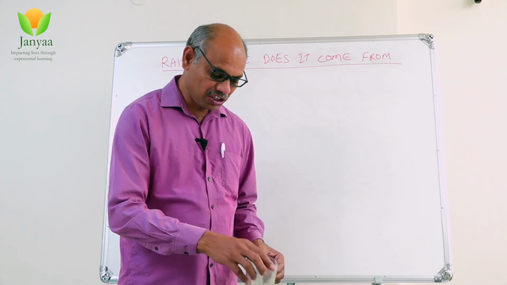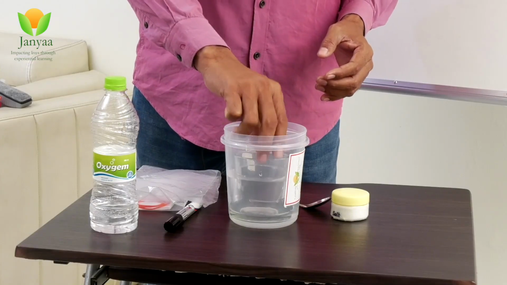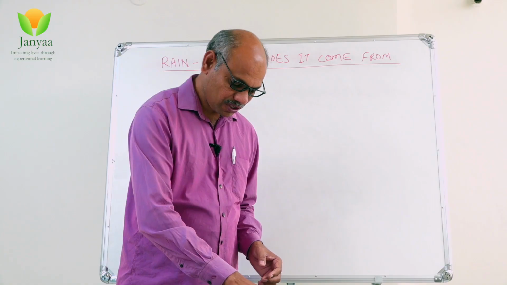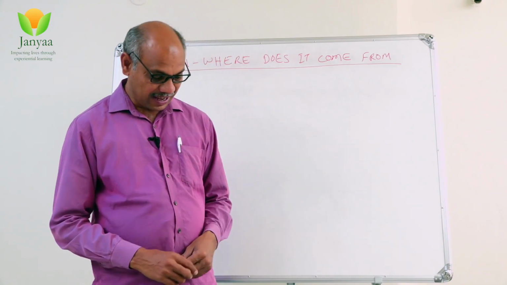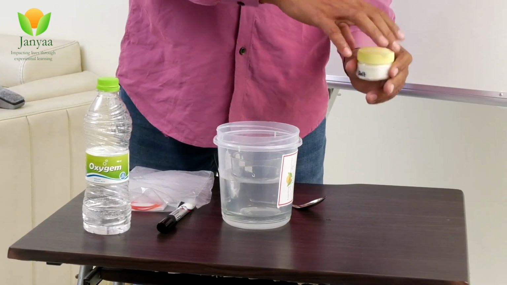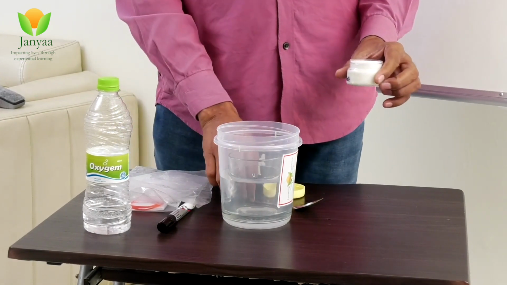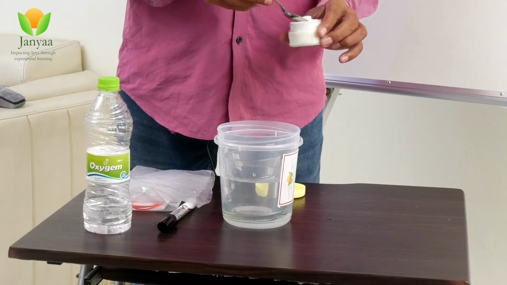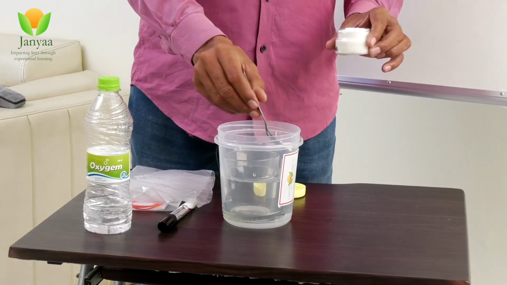In this glass there is no water. Sorry, no water entered into the glass. Now I add some salt to the water, because so many salts are added or dissolved into the ocean water.